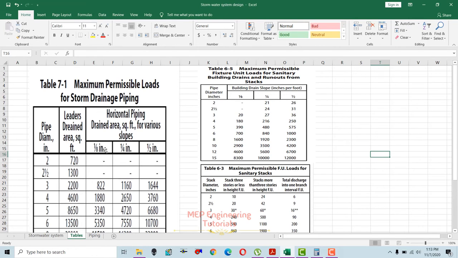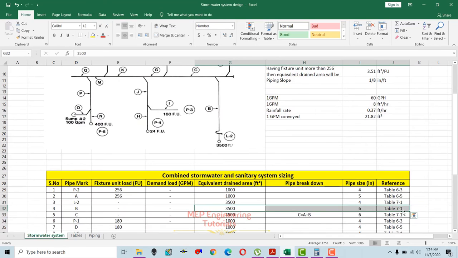Since we know our piping slope is 1/8 inch per foot, and 3500 is between 3340 and 5350, we'll go for the higher value, 5350. If you see over here to the left side, the pipe diameter is 6 inches. So that's how we got the 6 inch pipe size for section B.